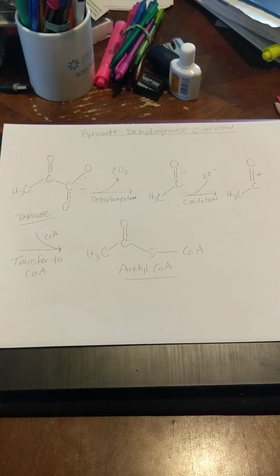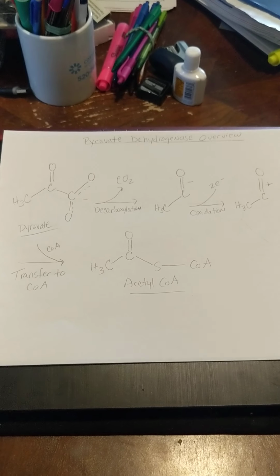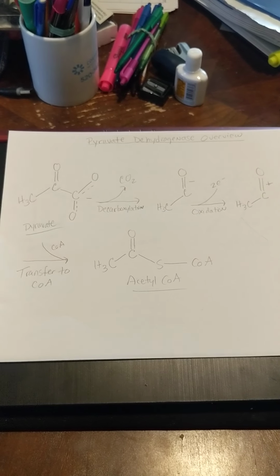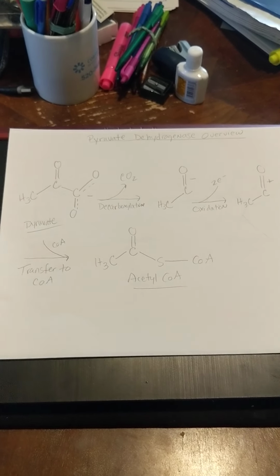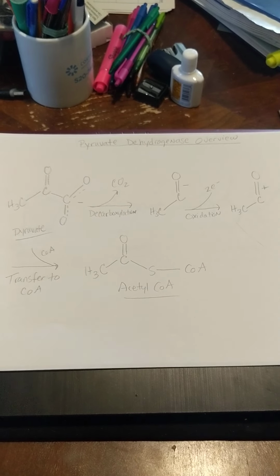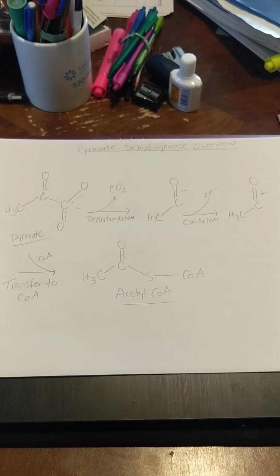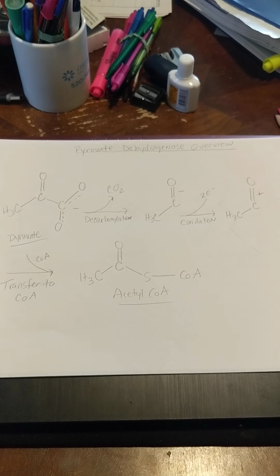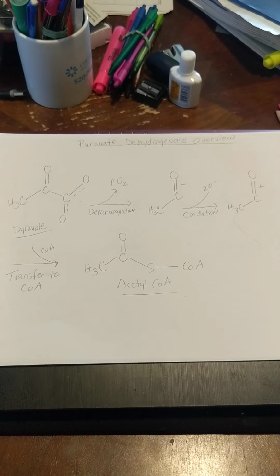Stoichiometric coenzymes function as substrates. So as we can see, the conversion of pyruvate into acetyl-CoA consists of 3 steps, including decarboxylation, oxidation, and then transfer of the acetyl group to CoA.